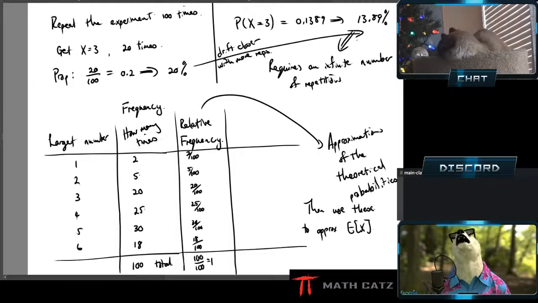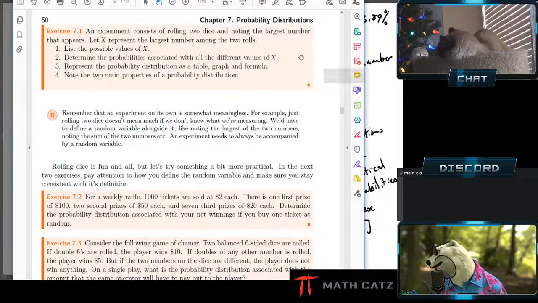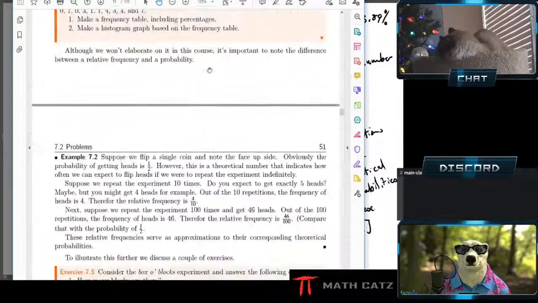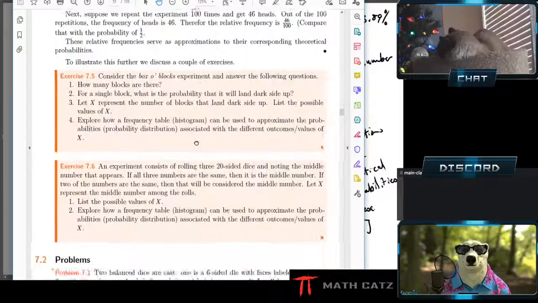So a lot of tomorrow will be just Q&A or whatever. Let's just have a look before we stop at our, oh, I have the book here. Let's look at the problems. We have a little bit more to do.